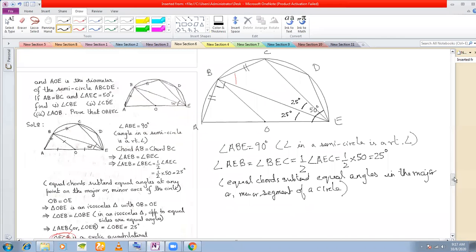Okay, so this is 25, this is 25. Now what can we do with this 25 degree angle?